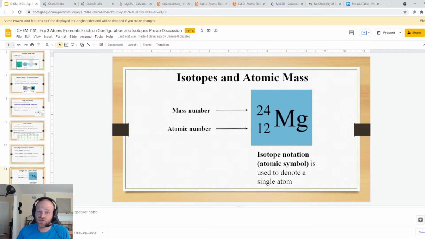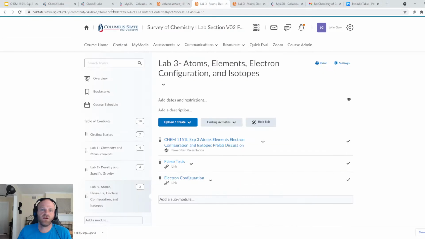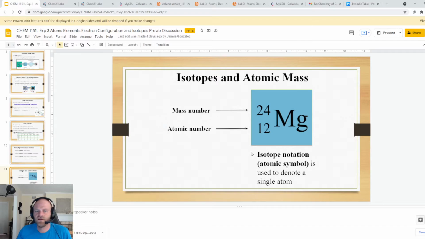To make sure you're keeping them straight, you can always check your periodic table: magnesium, atomic number 12. That makes sense. Now, remember, if I know the mass number, I can subtract. This Mg has 12 neutrons.